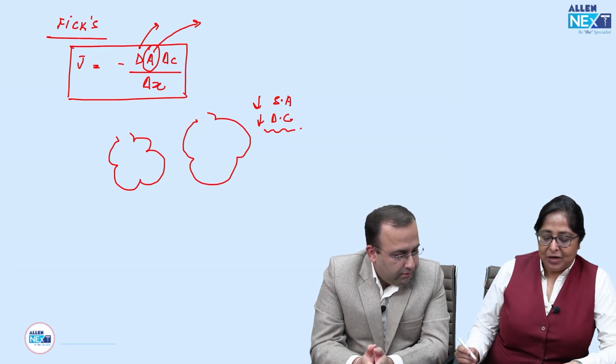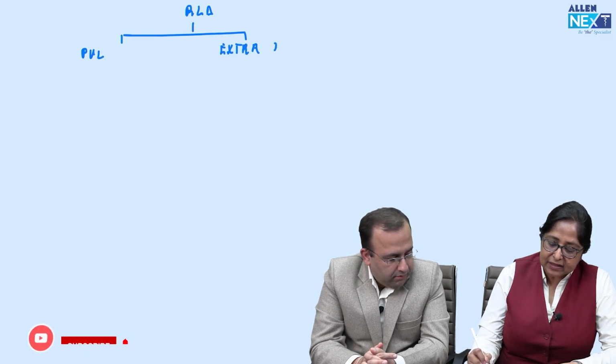Okay. So let's have a look at the flow volume loops, or flow volume curves, in restrictive lung disease. Clinically, restrictive lung diseases can be classified into pulmonary causes and extrapulmonary causes.